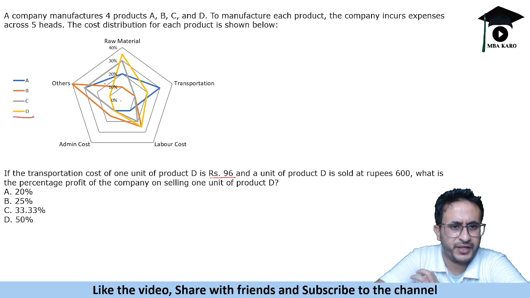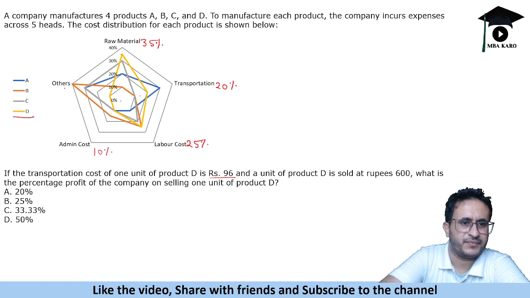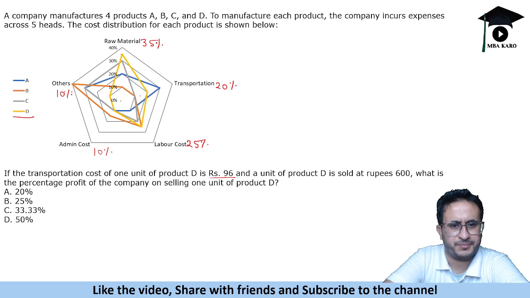So if we look at the different costs, raw material cost is 35%, transportation cost is 20%, labor cost is 25%, this is 10%, and others is also 10%. So you will see 60, 80, 100.